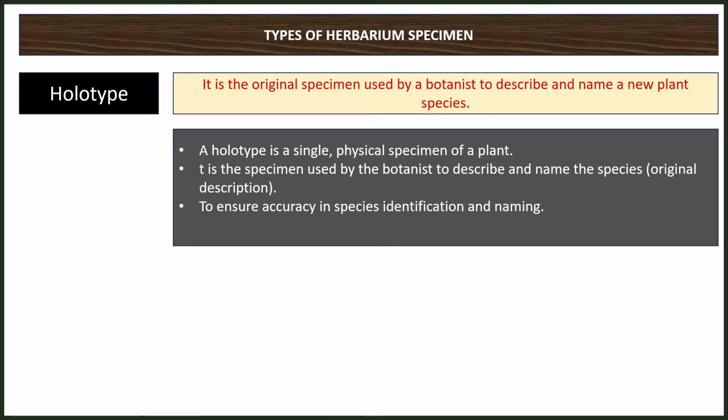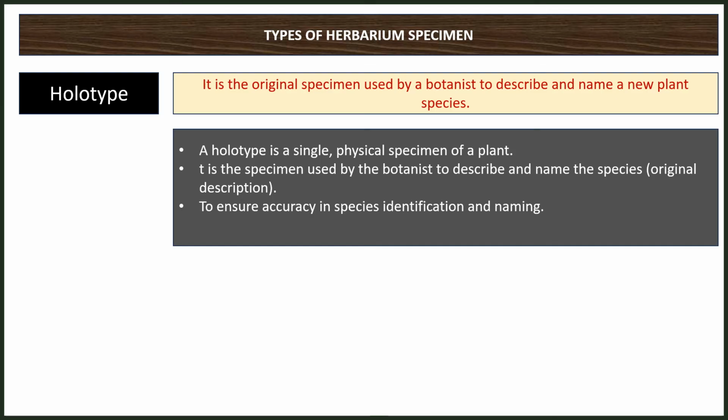So firstly, I'll talk about the holotype. When we say a holotype, it is an original specimen that is used by the botanist. For example, if you discover any new plant species, then you collect the plant specimen, right? The first collected plant specimen is known as the holotype specimen, and it is a single physical specimen of the plant.